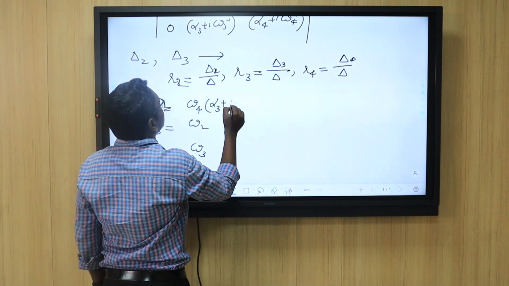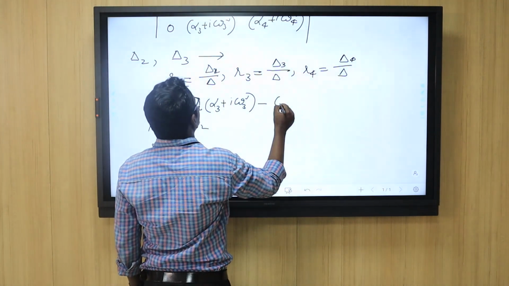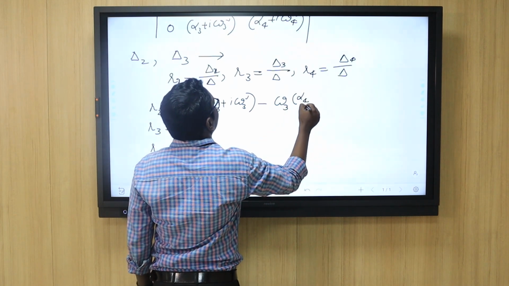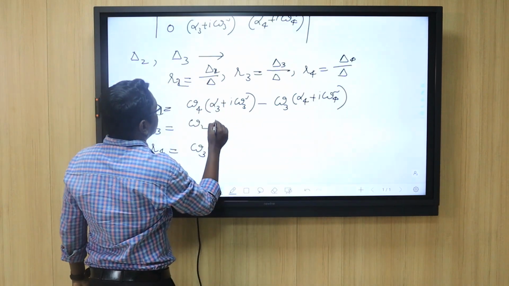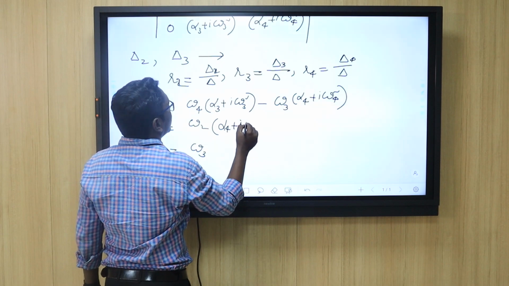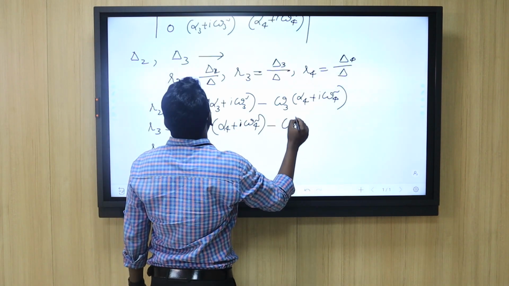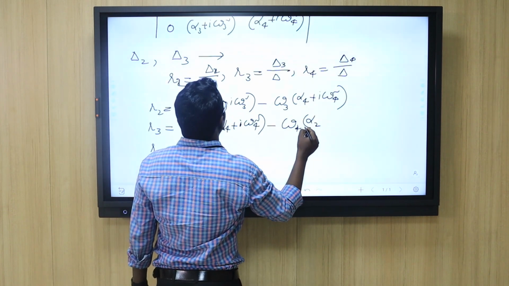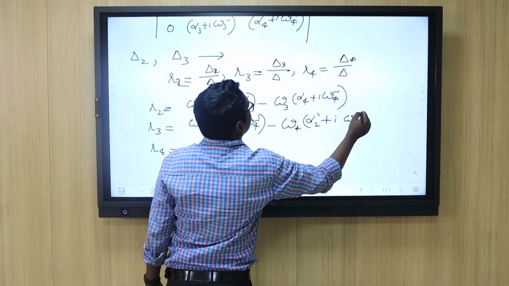Alpha 3 plus i omega 3 square minus omega 3 into alpha 4 plus i omega 4 square. Alpha 4 plus i omega 4 square minus omega 4 into alpha 2 plus i omega 2 square.